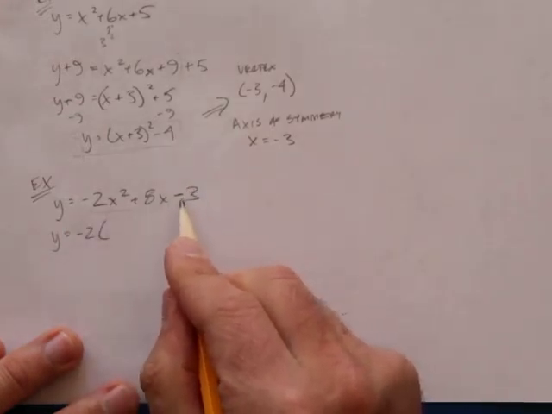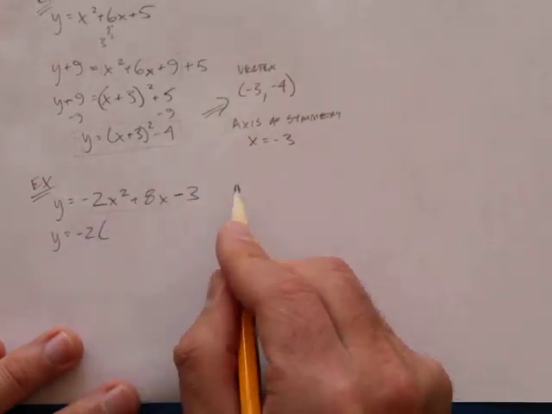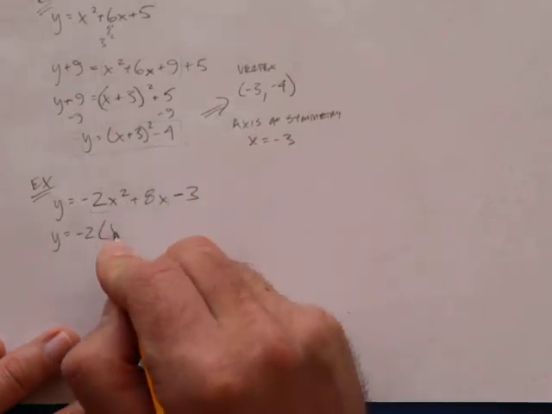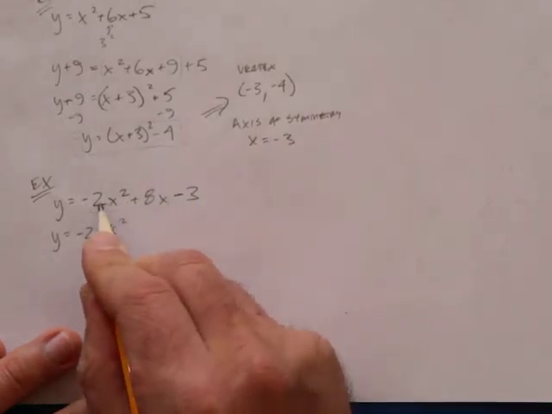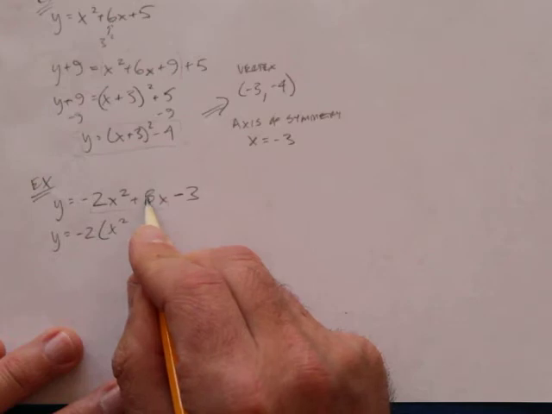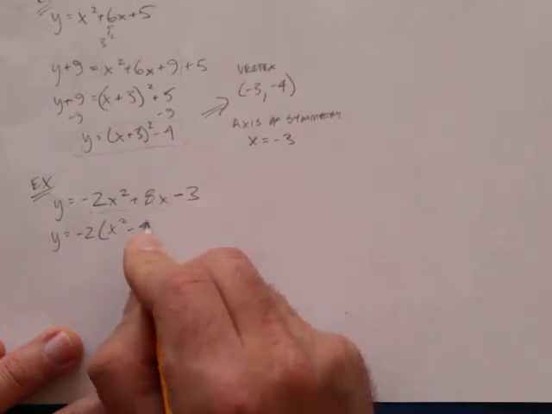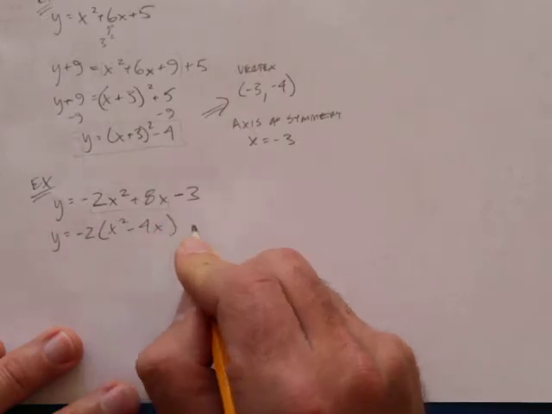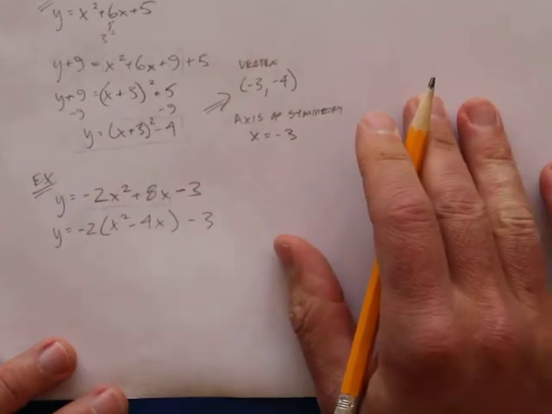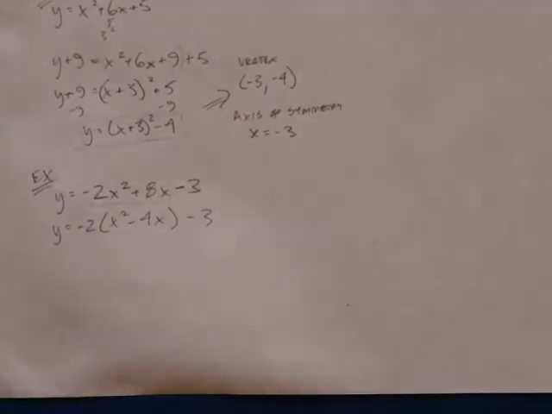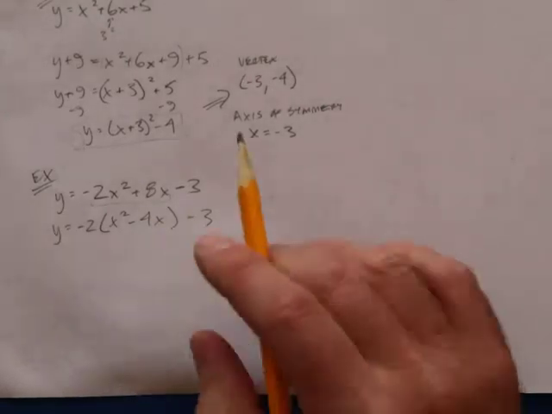I'm going to ignore the -3. Just ignore it. x squared, I pulled out a -2. That means this 8, I'm pulling out a -2 from the 8, so I got -4x minus 3.